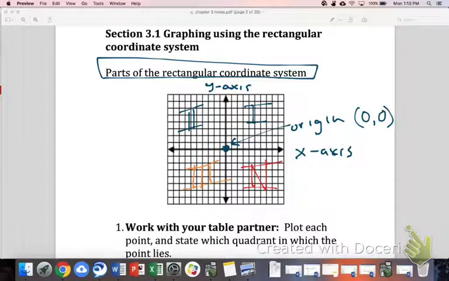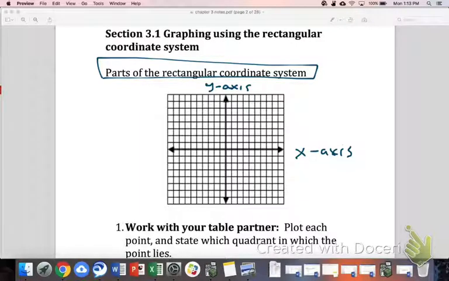You definitely want to have those memorized: what is the origin, what is the x-axis, what is the y-axis, and then quadrants 1, 2, 3, and 4. Definitely things that you'll want to have solid. You'll get a chance to practice those. Let me give you one example. I'm going to erase my quadrant numbers and my origin.